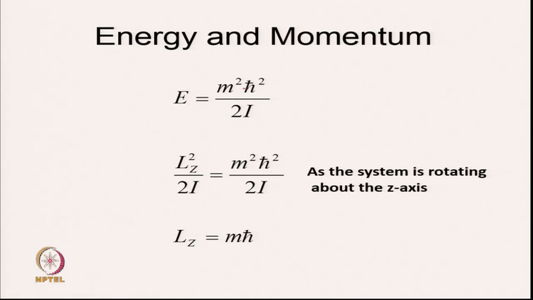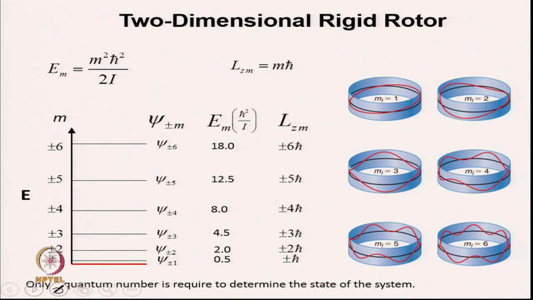So, E is equal to m square h bar square by 2 I, that is what we assumed last time, and it is dependent on the quantum number, and m can take integer values. We know that energy is Lz square by 2 I, and from that we can get the Lz value, which is m h bar.